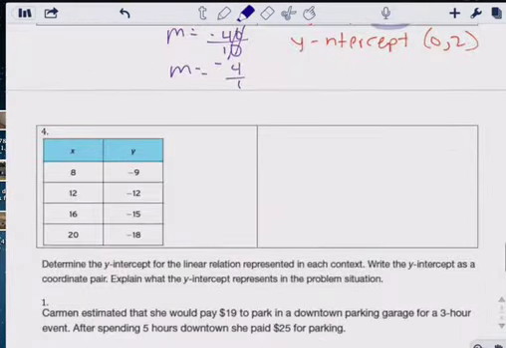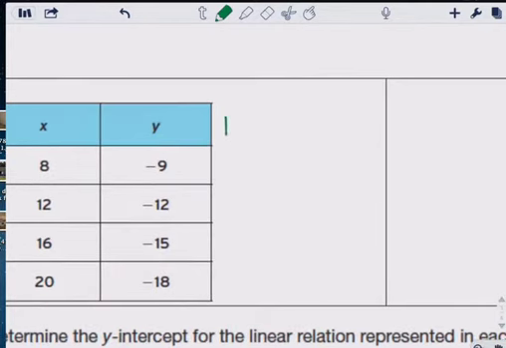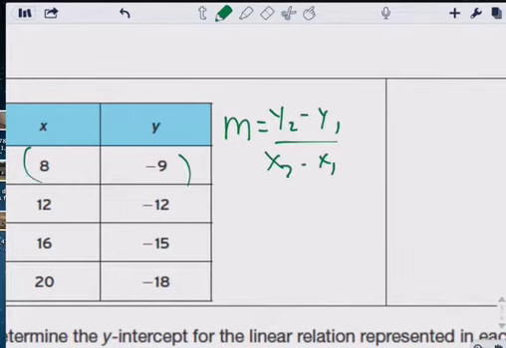Okay, next one. M equals y2 minus y1 over x2 minus x1. Boom, boom, they all look about the same to me. We already wrote the formula.